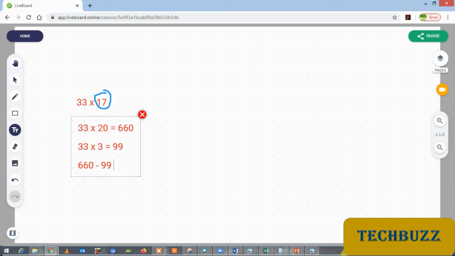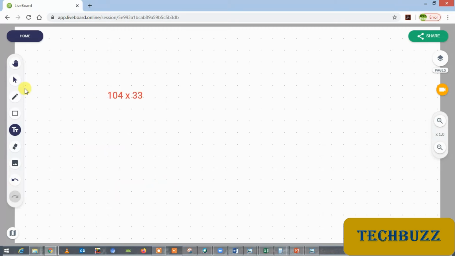So you will subtract 660 minus 100. It's very easy, it is 560, but we were supposed to subtract 99, so we have subtracted one more. So we will add this one to this 560. So the answer is 561.